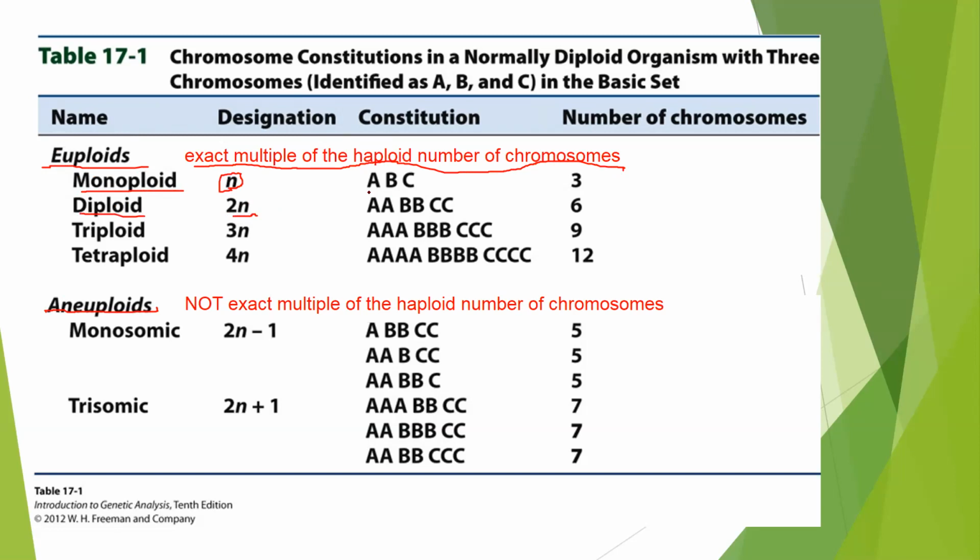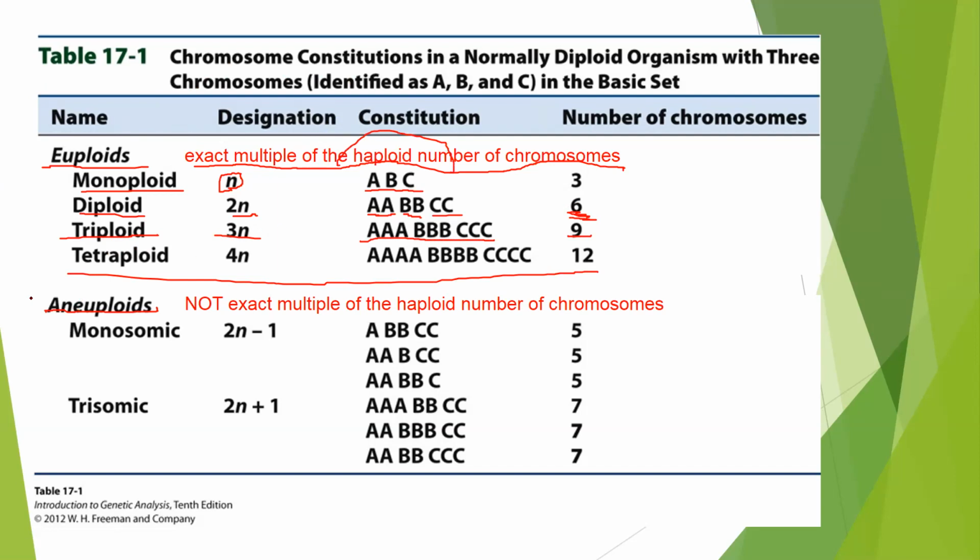If we have 3 chromosomes in the haploid, A, B, C, then in the diploid we're going to see doubled: two chromosome A, two chromosome B, and two chromosome C, and this is the total number of chromosomes. Triploid, 3N, then you're going to see 3 copies of each chromosome, and the total number should be 9, and so on. So still they are balanced because they are exact multiples of the haploid number of chromosomes.